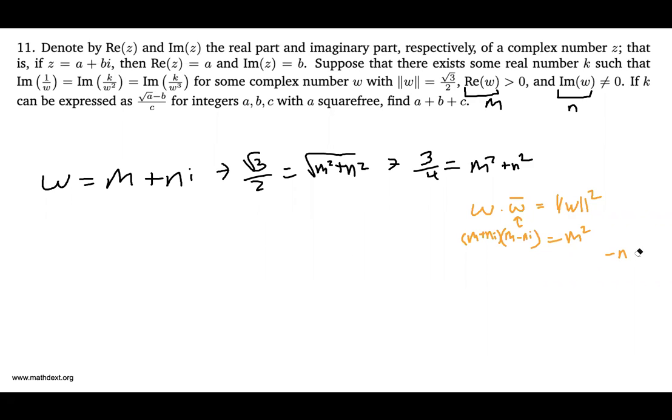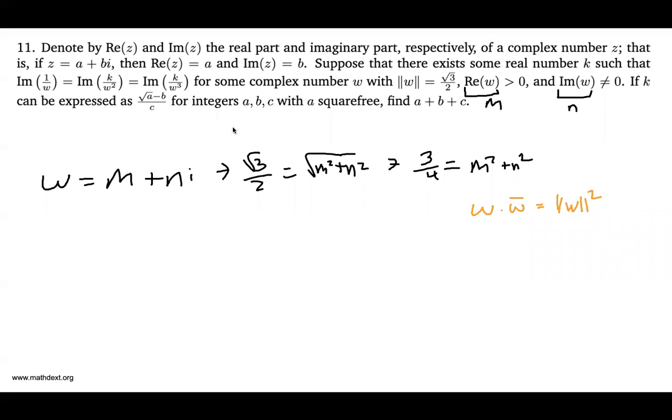But if you recall that i squared is -1, then the minus sign turns into a plus sign. So you get m squared plus n squared, which conveniently is what the magnitude of w squared is. Okay, so that is the identity that we're going to use to make this look a lot nicer.